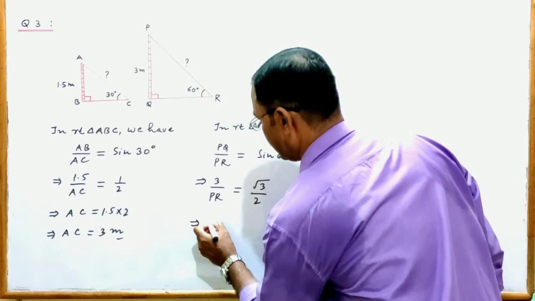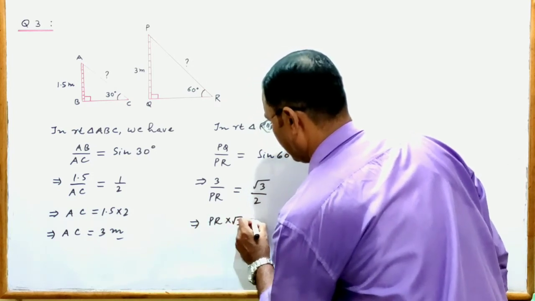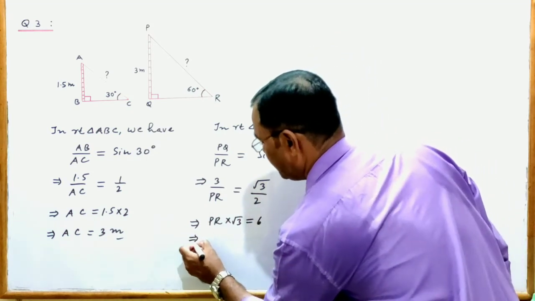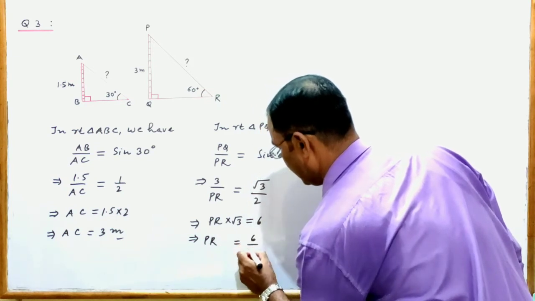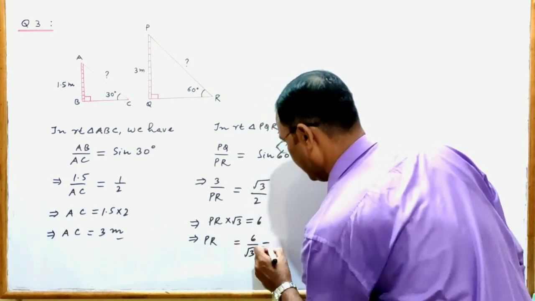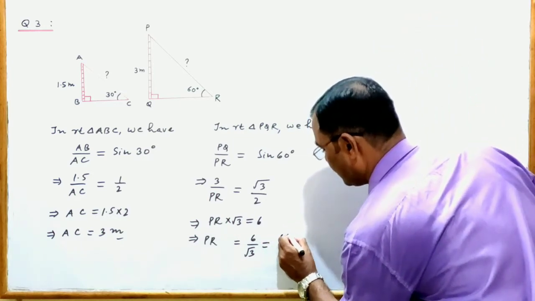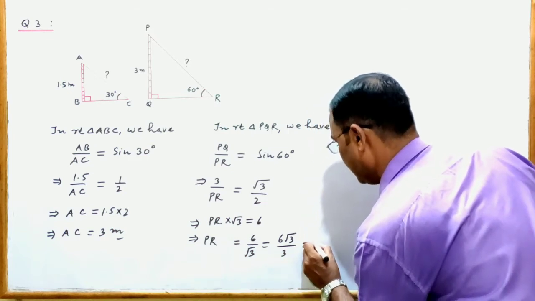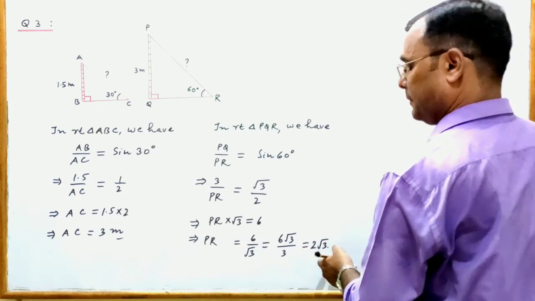This implies PR into root 3 equal to 3 into 2, 6. So PR is equal to 6 by root 3. If you rationalize the denominator, it will be 6 root 3 by 3 and it will be 2 root 3 meter.